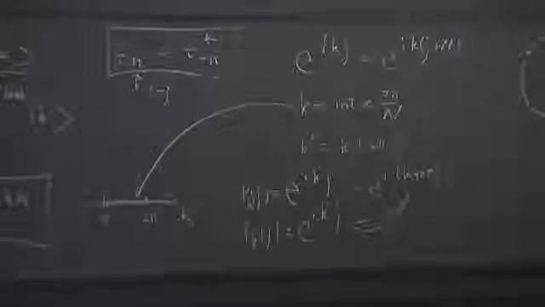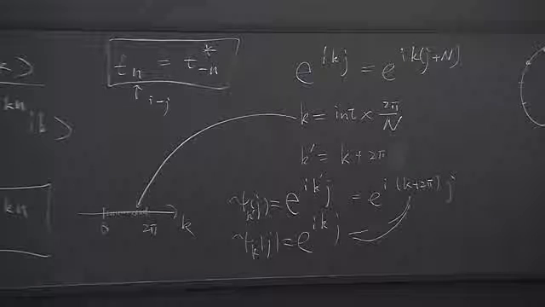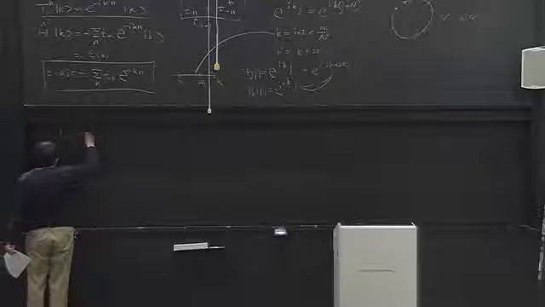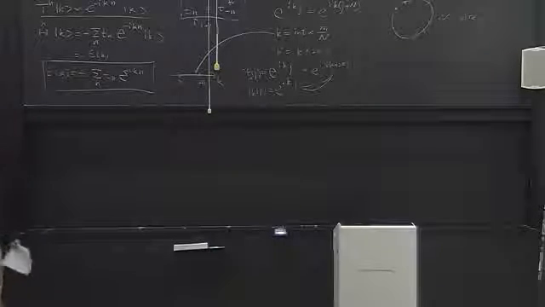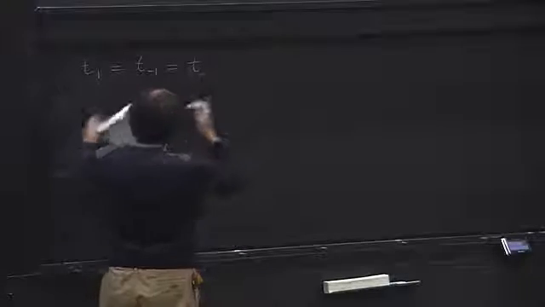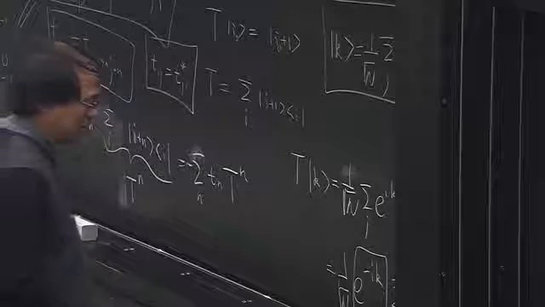Okay. So let's assume t_1 equals t_minus_1 equals t. The other t's just equal to 0. Then we just plug in here.